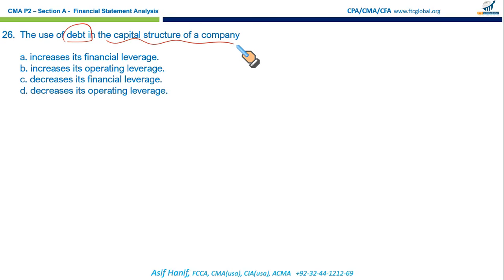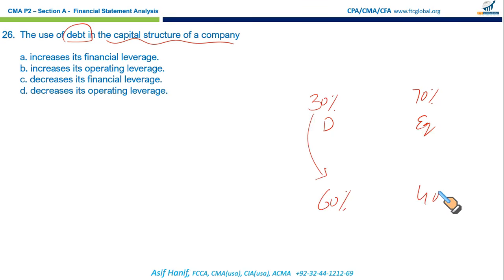When we design our capital structure, we may originally plan 30% debt, 70% equity. But with the passage of time, we might end up having more debt, maybe 60% debt, 40% equity. That means we are now more financially leveraged. So when you use debt in your capital structure, it increases your leverage. It's a trouble, not a good thing.